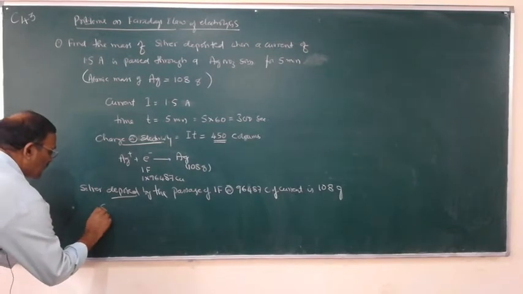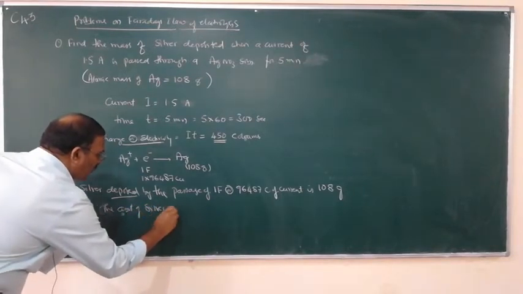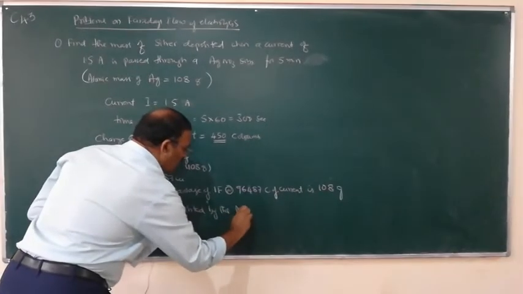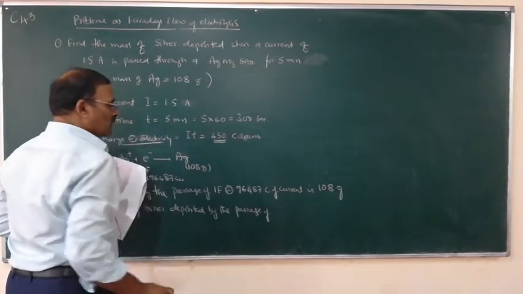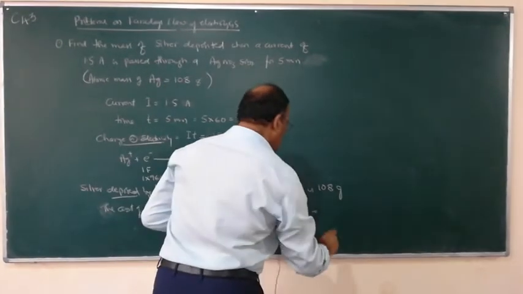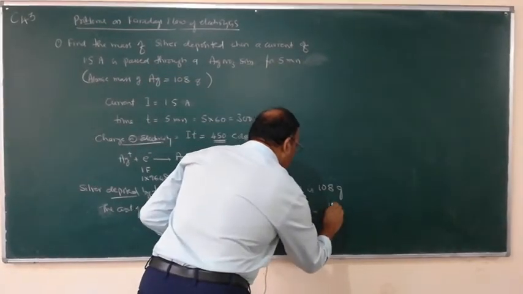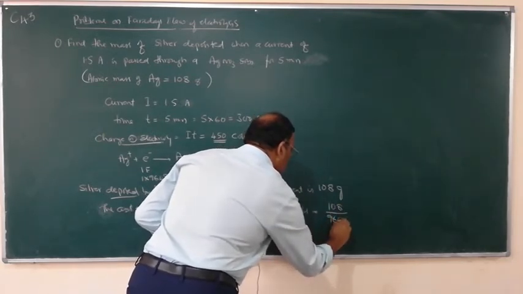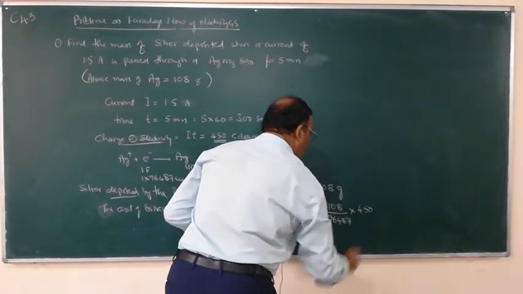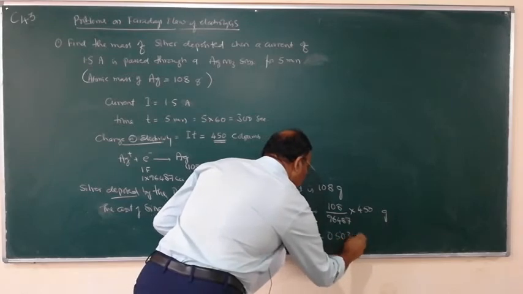Therefore, the amount of silver deposited by the passage of, how much current we have passed? 450 coulombs is 108 divided by 96,487 into 450 grams, that is equals 0.503 grams.